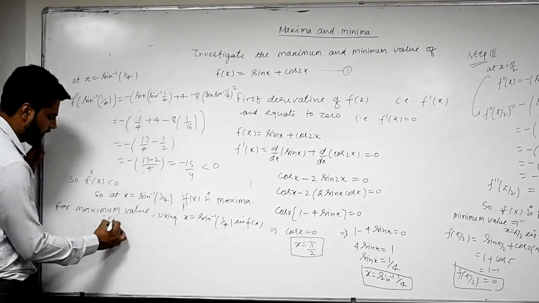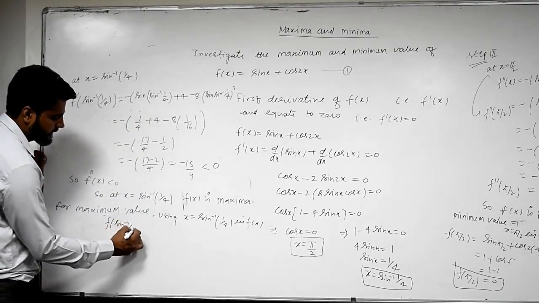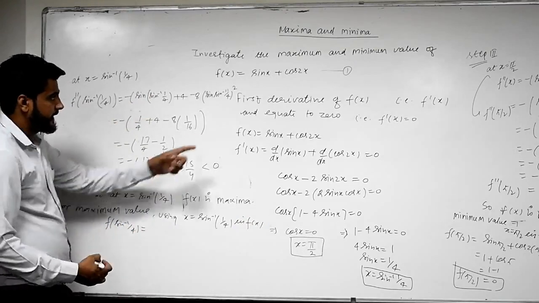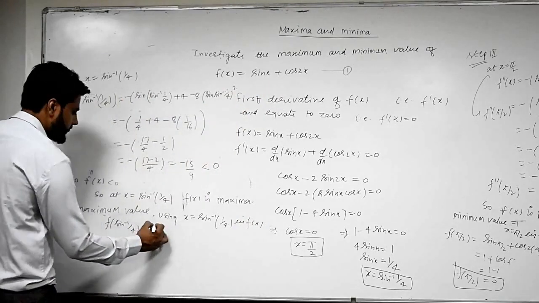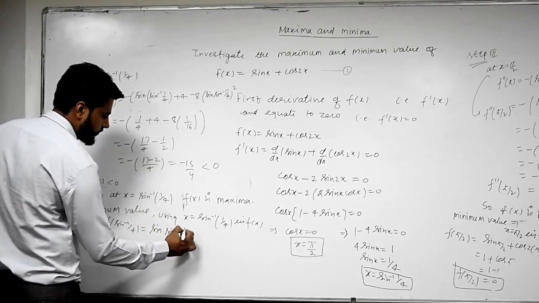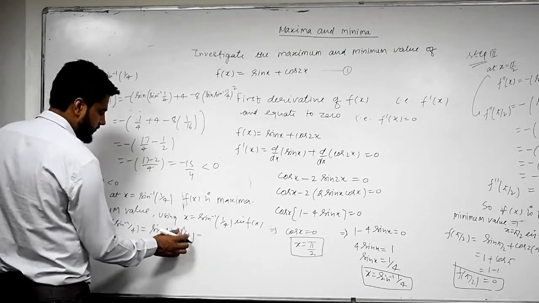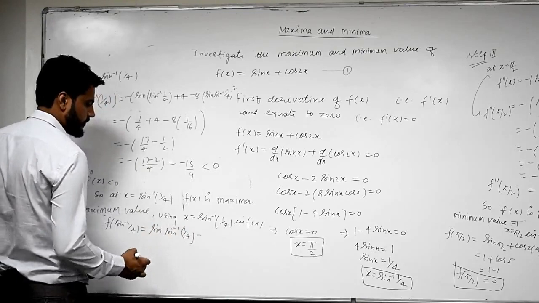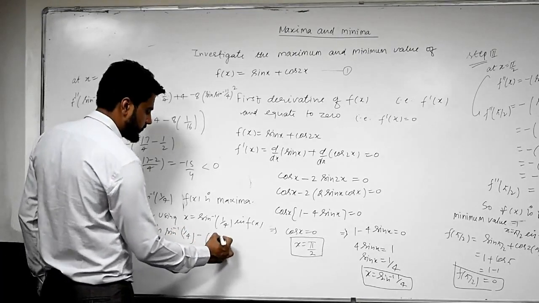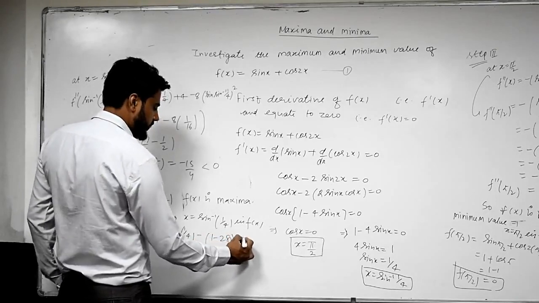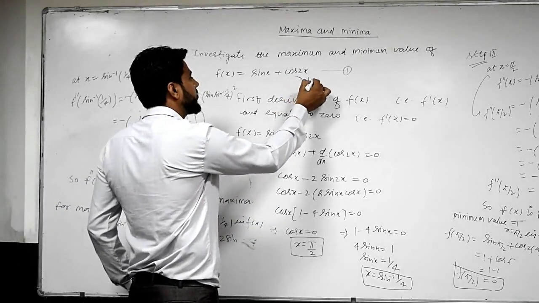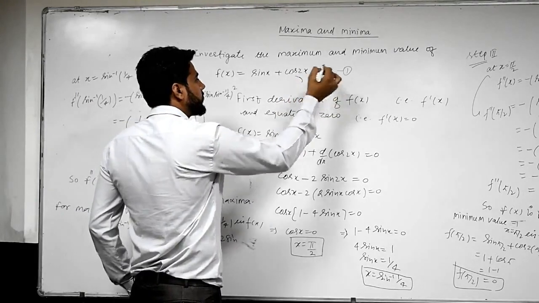So f of sin inverse 1 by 4 equals, what is f(x)? Sin x plus cos 2x, at sin inverse 1 by 4. What is cos 2x? 1 minus 2 sin square x.